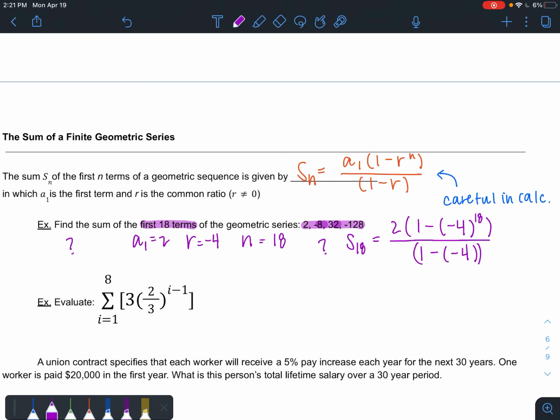So go ahead and pause and try that. What you end up with is -2.75 times 10 to the positive 10th.